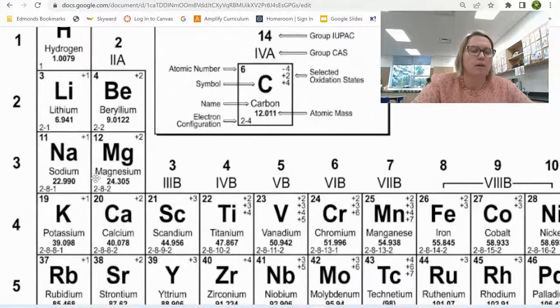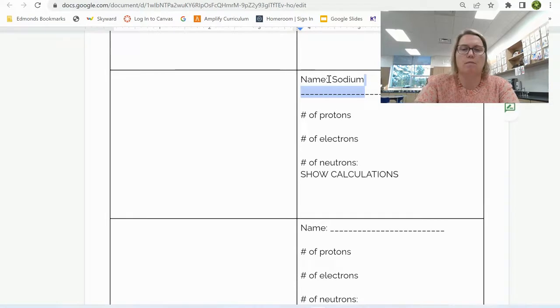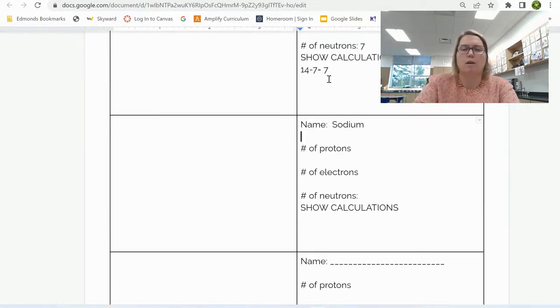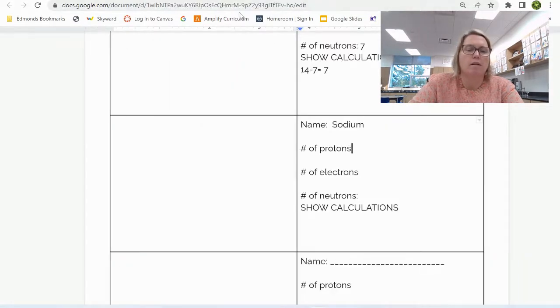Sodium has an atomic number of 11 and 22.990. Let me fill that in. The name is sodium. The number of protons is equal to the atomic number, which is 11. If it has 11 protons, that means it has 11 electrons. So I'm going to write 11.